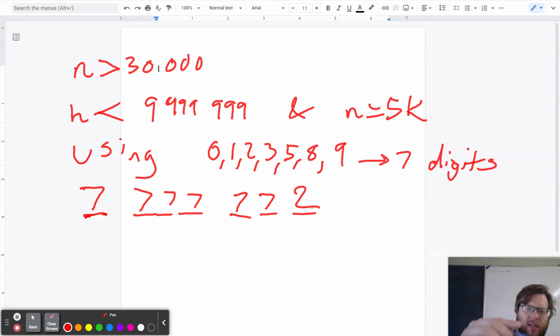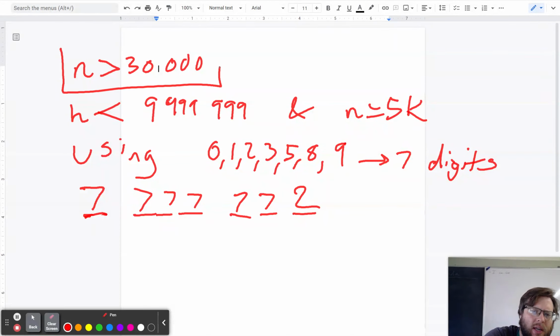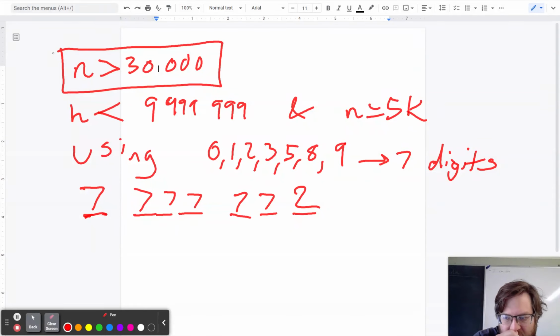The only other thing I need to worry about is this, and is greater than 30,000. So let's think here for a second. So 30,000 is at this position right here. And so we need this one.